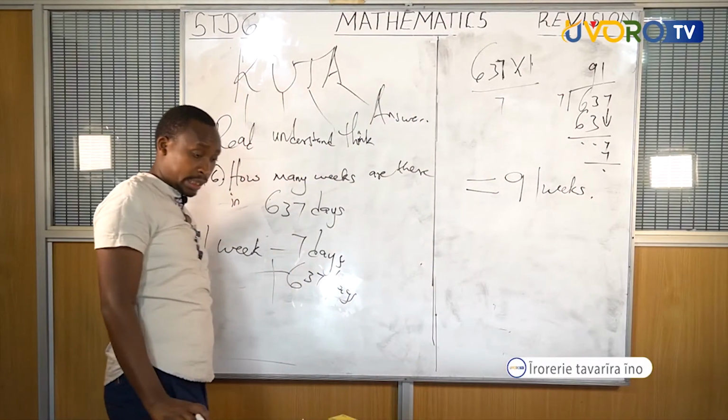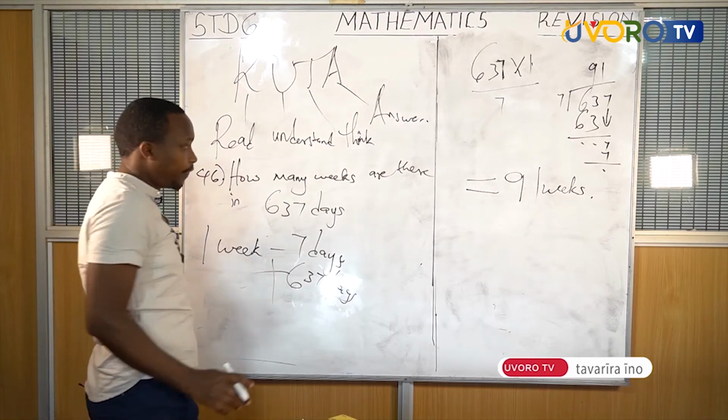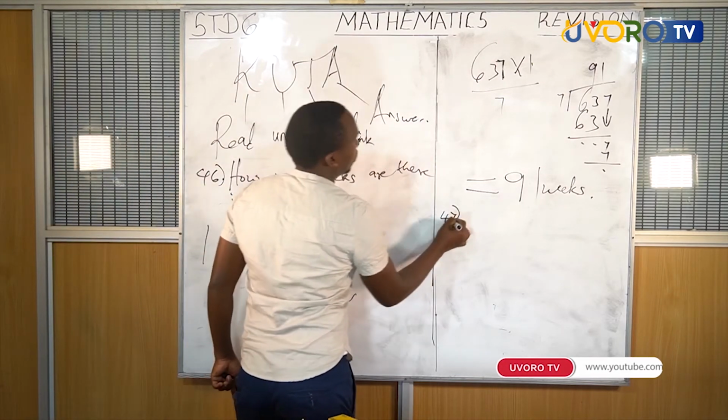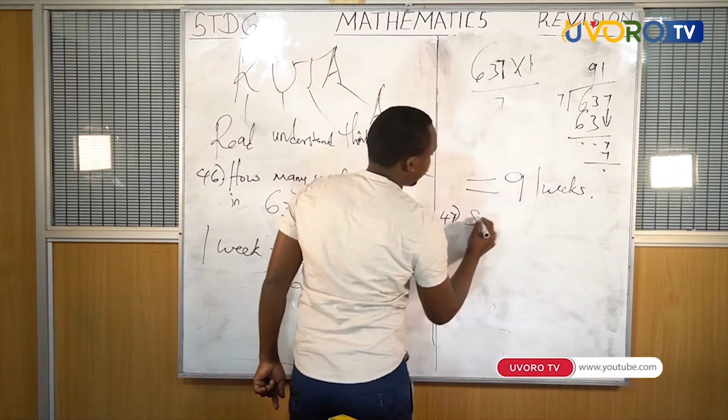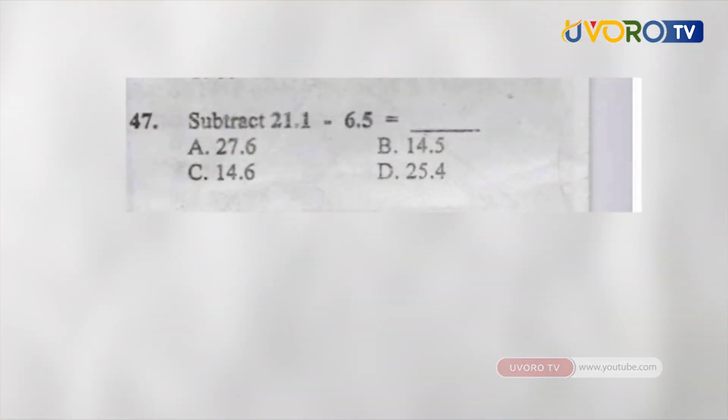Question number 47. Subtract 21.1 minus 6.5. Class 6, just see.